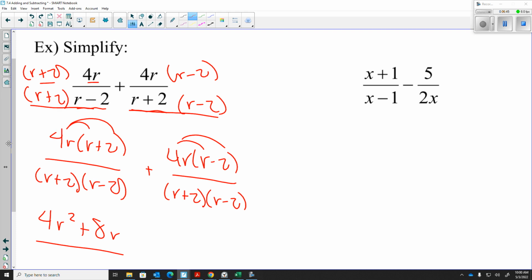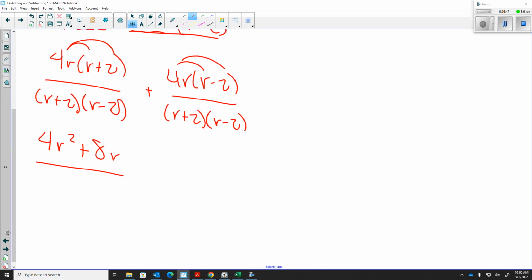Are you guys okay if I just rewrite this as this? You know what it is, right? I just don't want to keep writing it. Minus 8. You good with that?